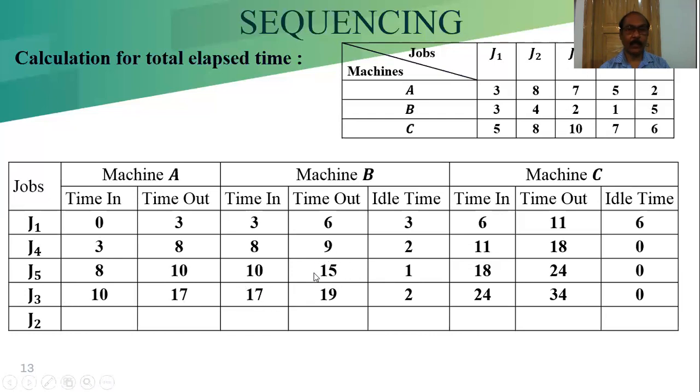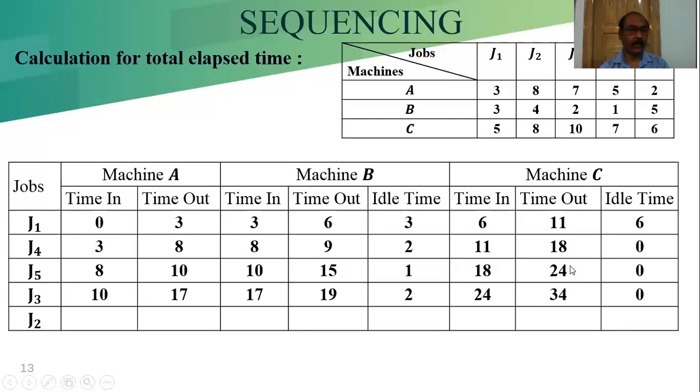But job 5 completed in machine B at 15 hours. So idle time is 17 minus 15 equal to 2 hours. And the time duration for job 3 in machine B is 2 hours. So 17 plus 2 is equal to 19 hours, and idle time 2 hours. Now say job 5's timeout in machine C is 24 hours.